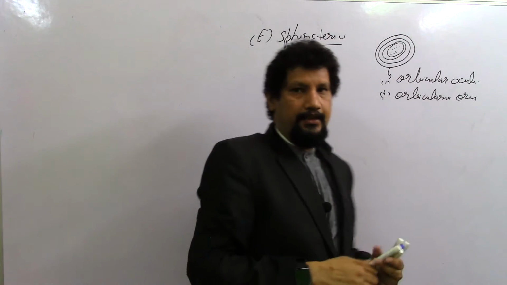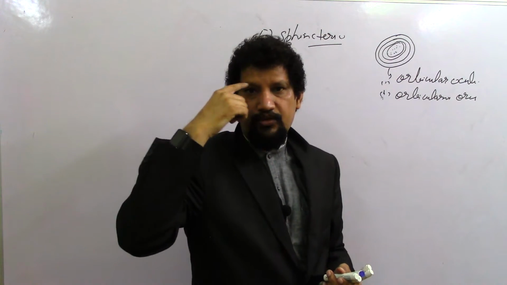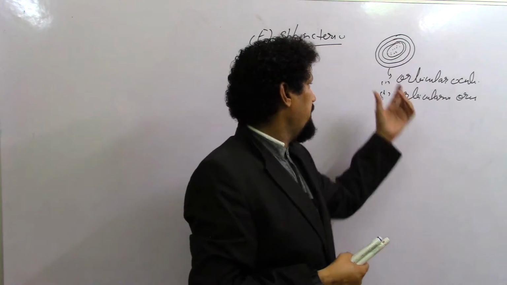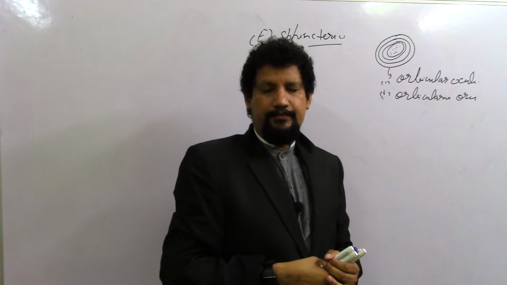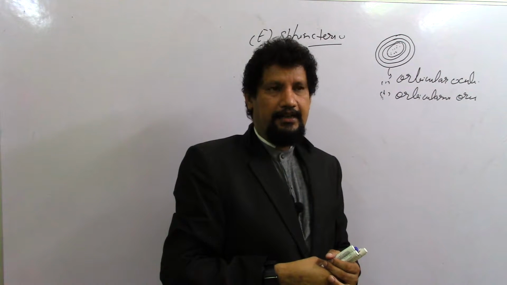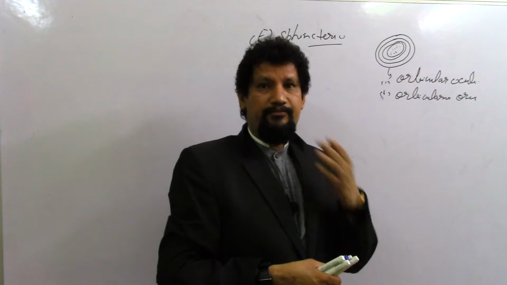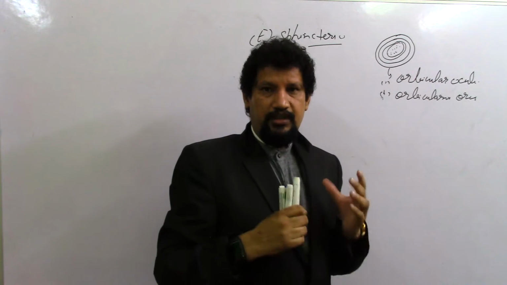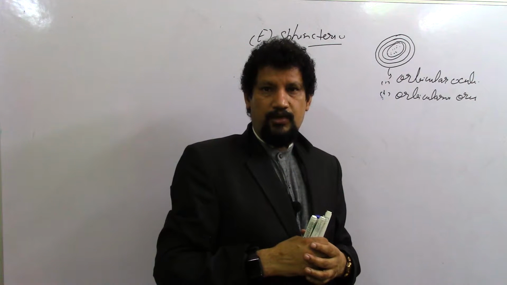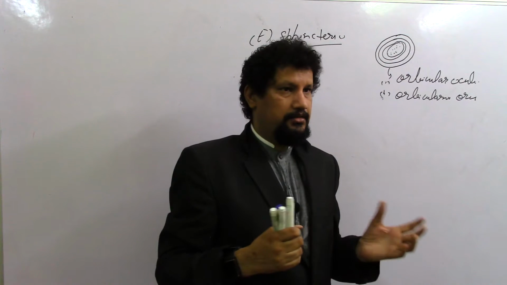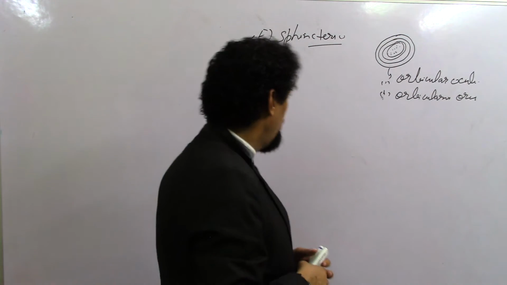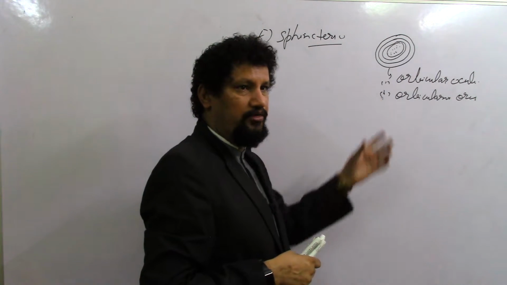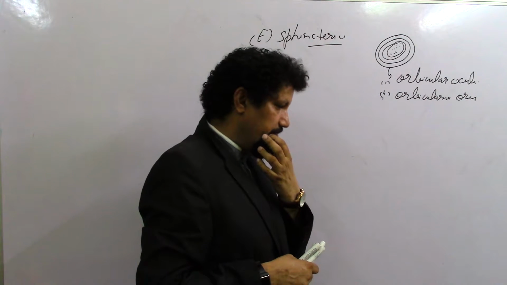Oculi, the muscle around the eye: when this muscle contracts, it closes the eye like this, and when it relaxes, the eyes are opened. In the same way, when the orbicularis oris contracts, the mouth is closed. When it relaxes, it is opened. So this sphincteric arrangement of parallel fibers is seen in orbicularis oculi and orbicularis oris muscle.